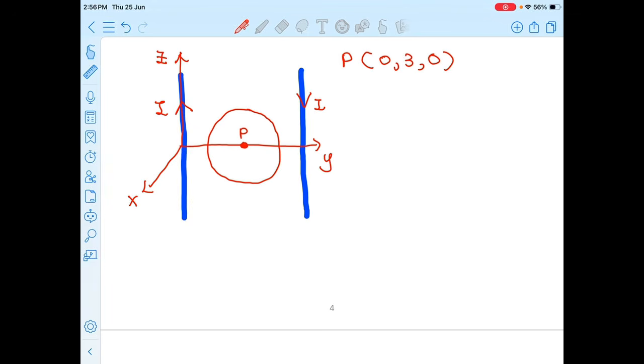The additional question is asking: what will be the direction of the current flowing in the loop, and also the value, so that the total magnetic flux density is equal to 0?